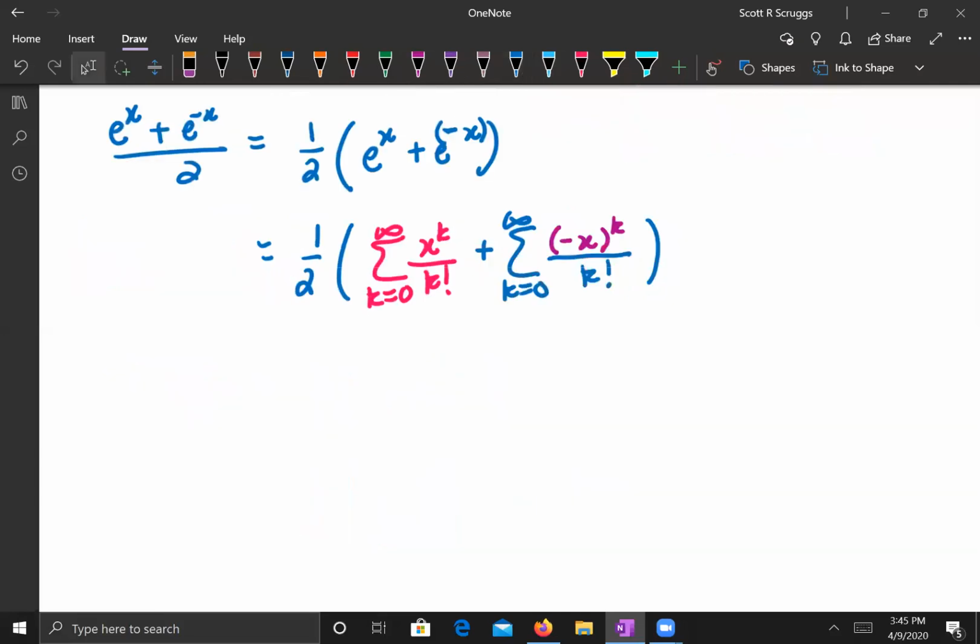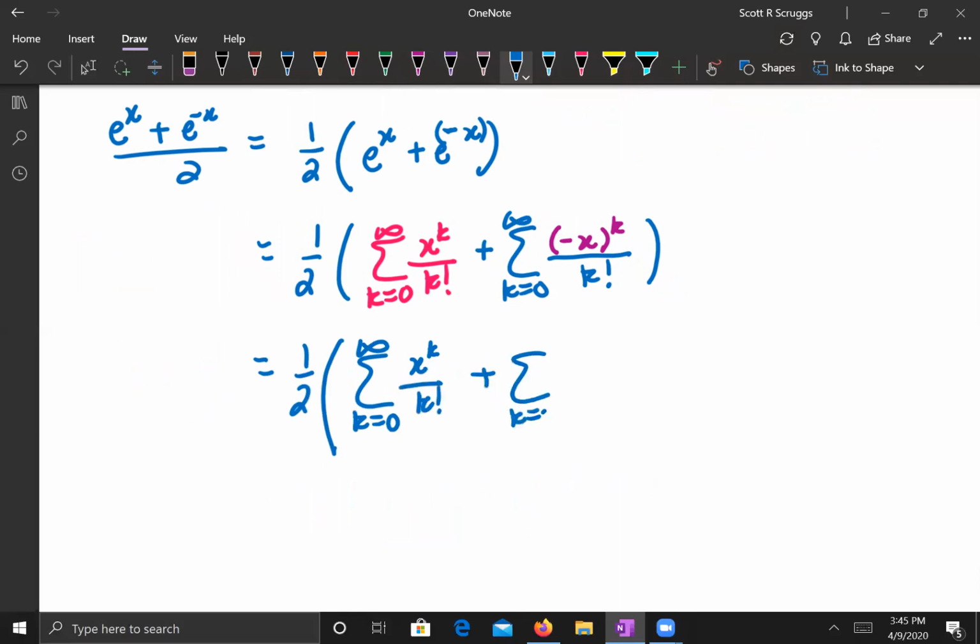So right now I have 1/2 times the sum from k equals 0 to infinity of x to the k power over k factorial plus the sum from k equals 0 to infinity of (-1) to the k power times x to the k power over k factorial.